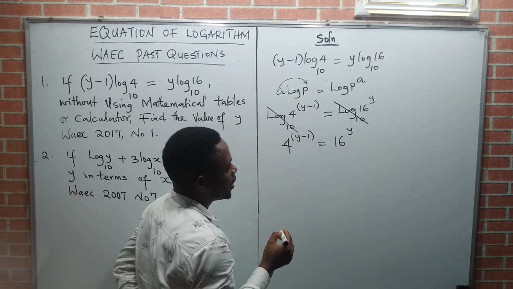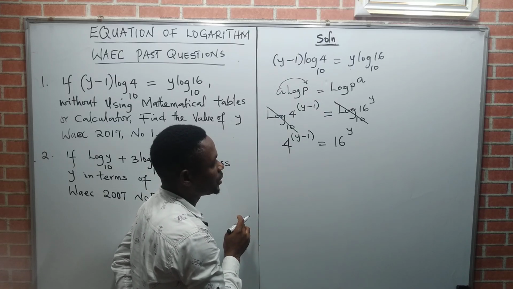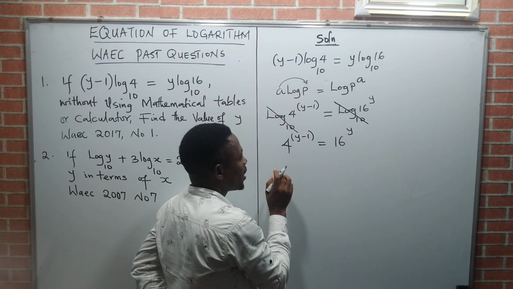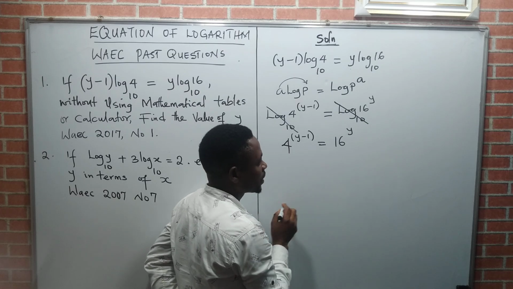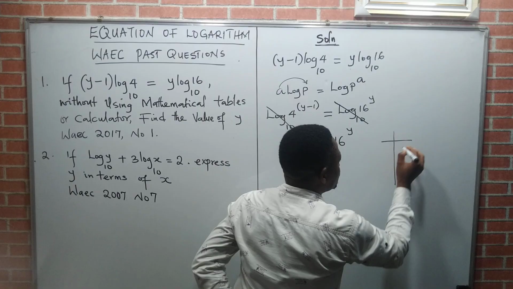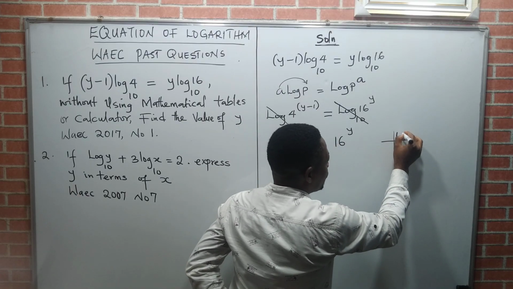Now, can you observe that this is now indices? We call it equation of indices. How do we resolve this? I am going to get the indices of 16. How do I get the indices of 16? By using what we call long division. I have with me 16.